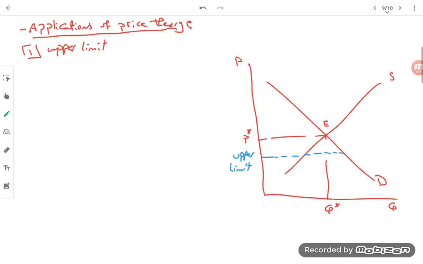So in this case, producers are not going to produce anymore. But with respect to the consumers, they can buy the product at a lower price than the equilibrium price in the market.